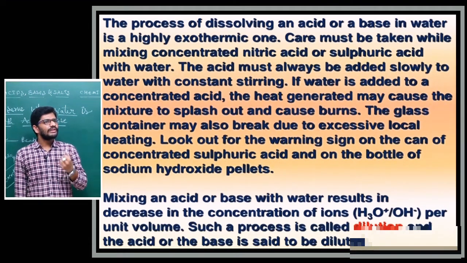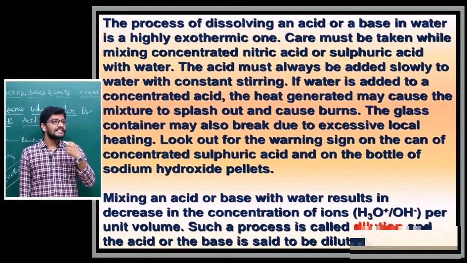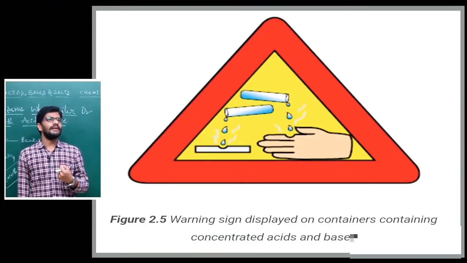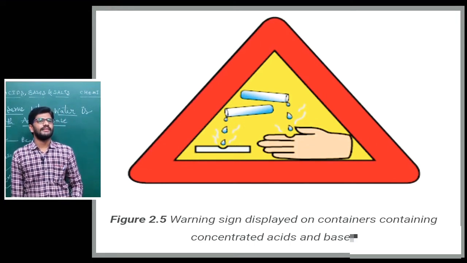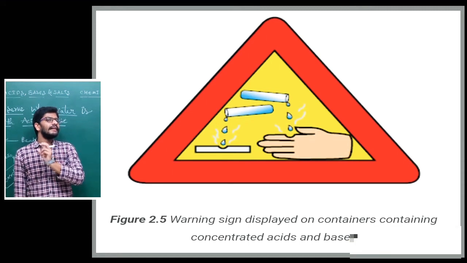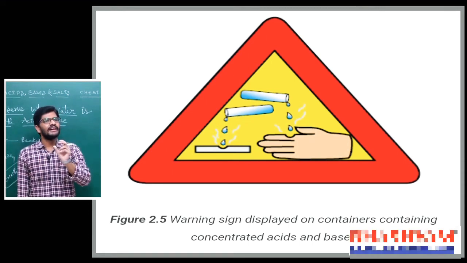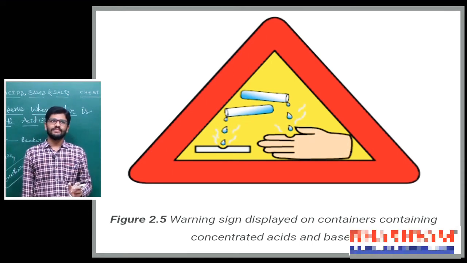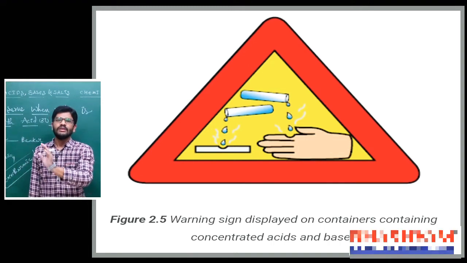So look out for the warning sign on the can of concentrated sulfuric acid and the bottle of sodium hydroxide pellets. This is the warning sign displayed on containers containing concentrated acids and concentrated bases. Okay, students, now listen.